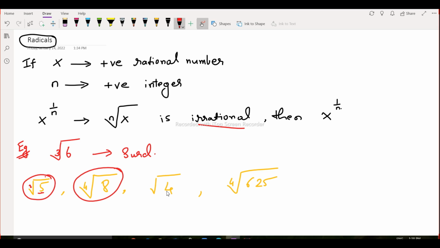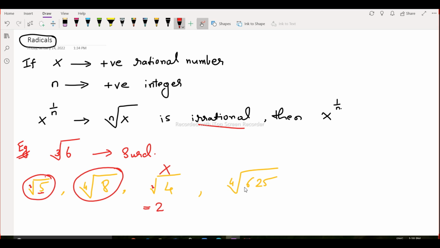Square root of 4. 4 is a positive rational number. Again, this is a square root, so here there will be 2. So 2 is a positive integer, but this is not irrational. Square root of 4 is 2. So this is not a surd. Fourth root of 625. Now 625 is a positive rational number, 4 is a positive integer.